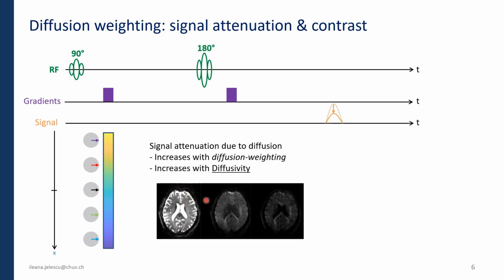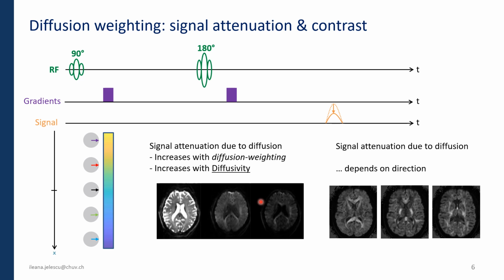For example, these are images with increasing diffusion weighting, and you can see that the signal is more and more attenuated as we increase the diffusion weighting in each voxel. On the other hand, within each image, you can see that the contrast is different. For example, the CSF has completely lost its signal with this B value because it diffuses very fast, while the white matter here still retains some signal because the diffusivity there is slower.